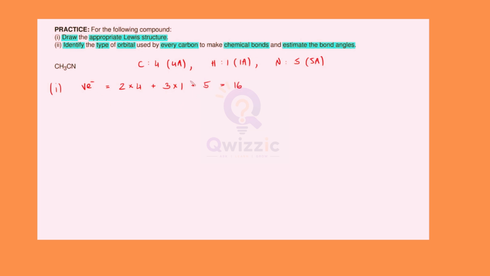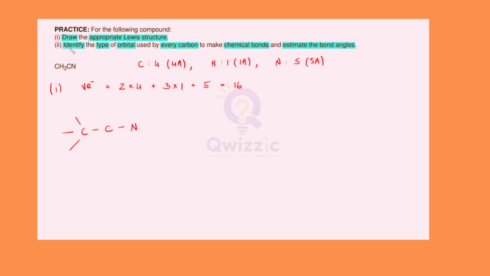Now that we have the total number of valence electrons, we want to assign our central atom. In some cases, we will not have any central atoms, but we have to recall that central atoms tend to be less electronegative. So if we start with our nitrile group, we are going to draw our carbon-nitrogen bond, and we will make sure that nitrogen is terminal because it's more electronegative, meaning the remaining carbon will be bonded to carbon, and the 3 hydrogen atoms will be bonded to that carbon.